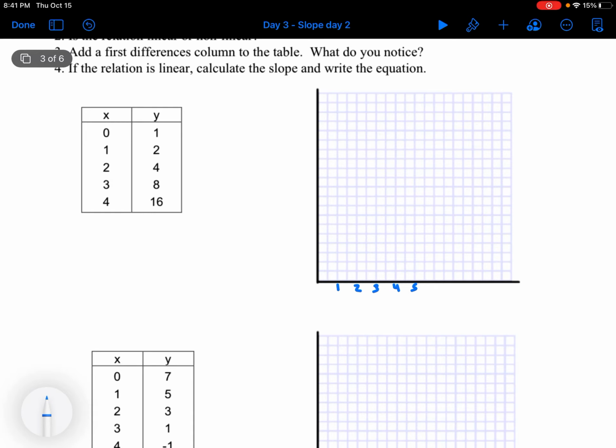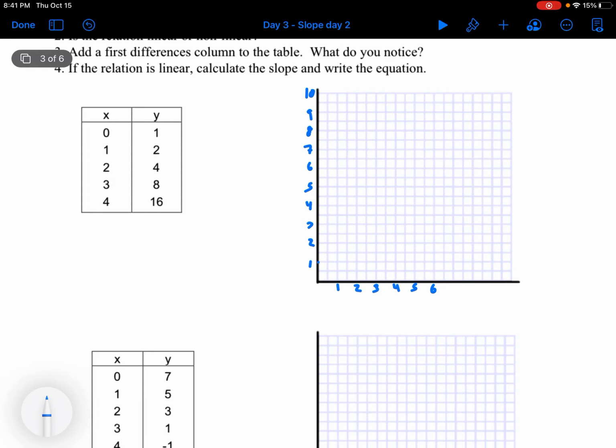We'll count up to 4 and stop there. And here, we'll say every other box again is 1. I might not get everything in, so 1, 2, 3, 4, 5, 6, 7, 8, 9, 10. That's okay.